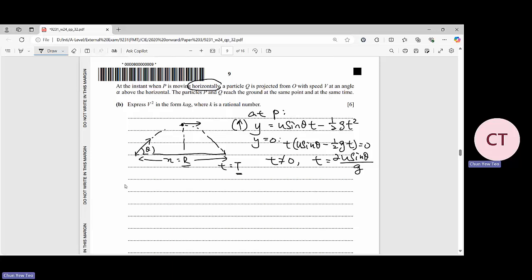By the way, from part A, we know that u square is equal to 25ag, so my u will be 5 square root of ag. That means the time of flight for P is 2 times 5 square root of ag times sine theta over g. What is the sine theta here?